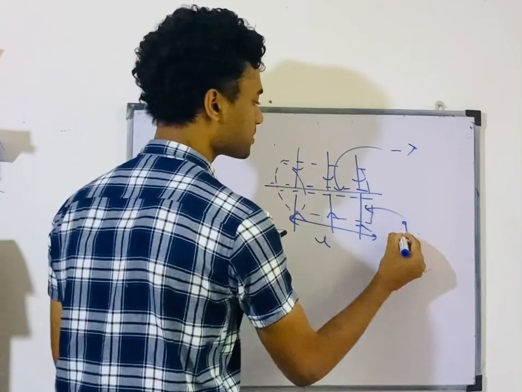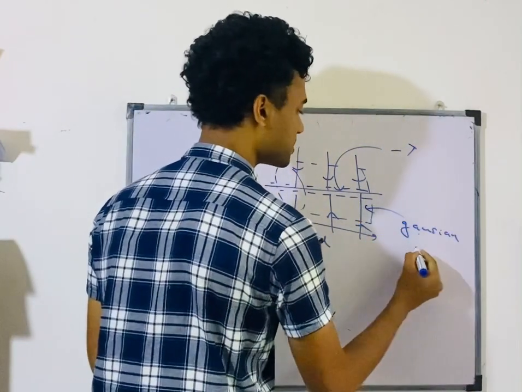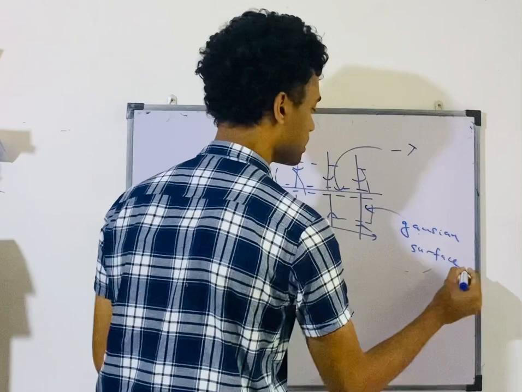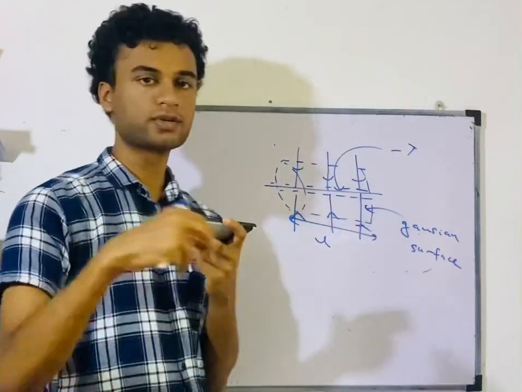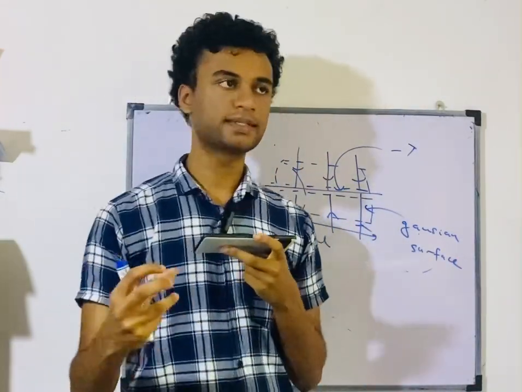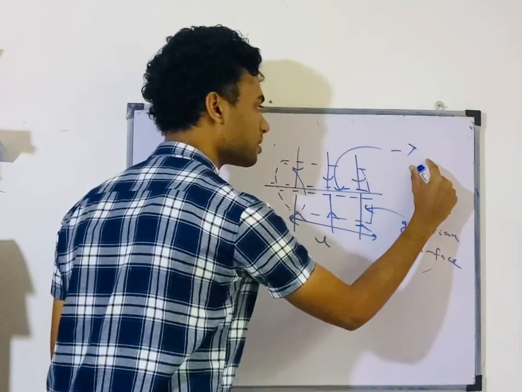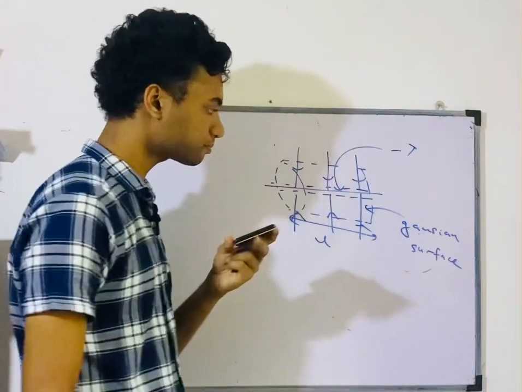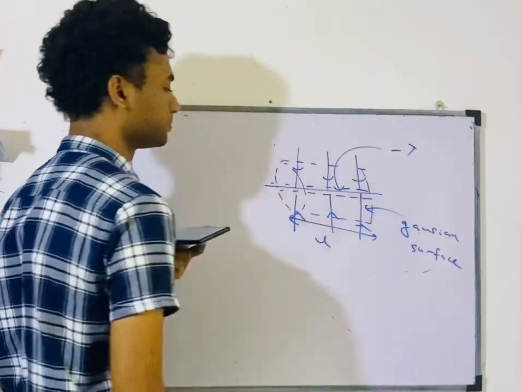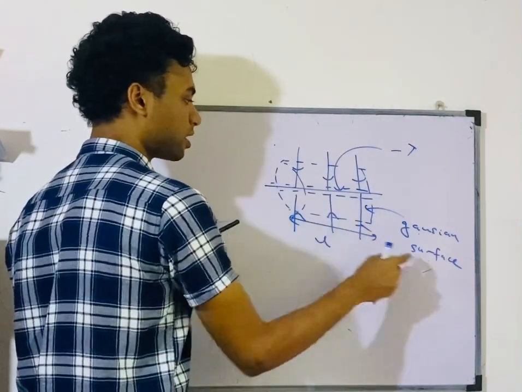So what's the total charge within my Gaussian surface? Now this is my Gaussian surface. The total charge within my Gaussian surface is going to be the charge per unit length, minus lambda, times the entire length L that is within my Gaussian surface.